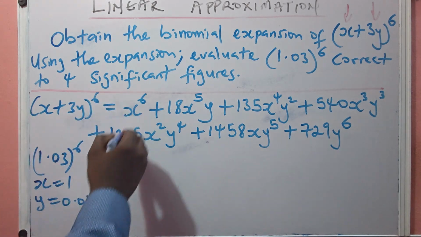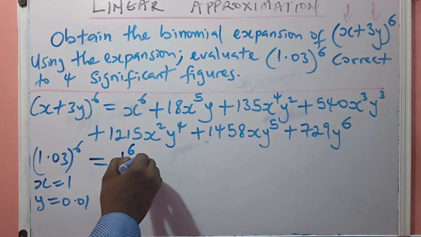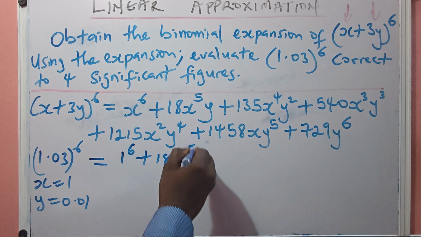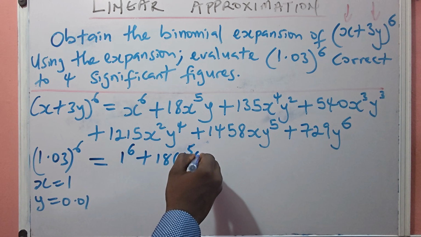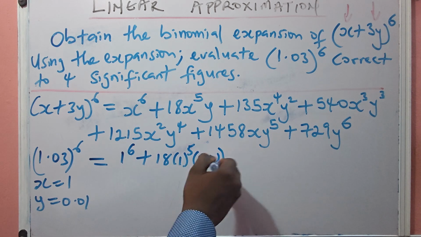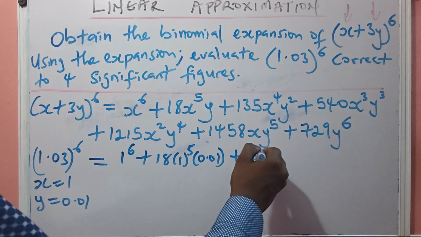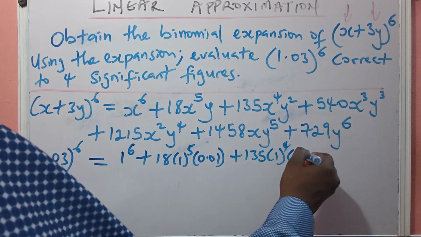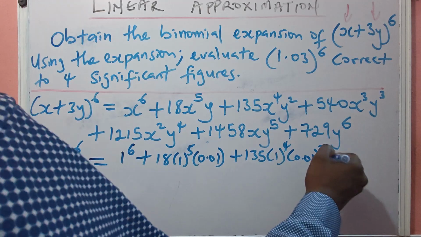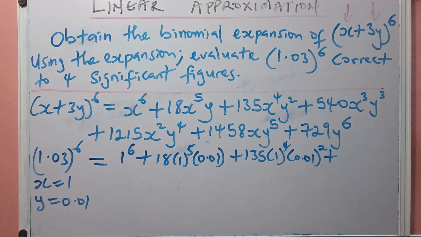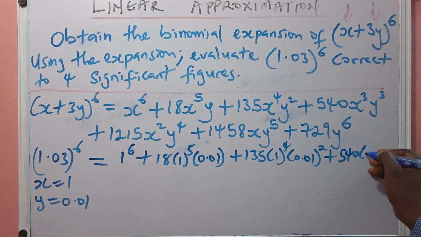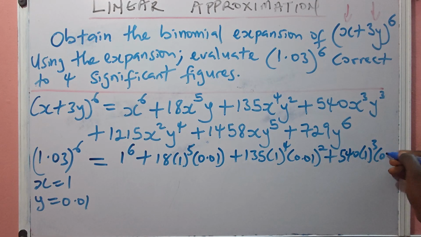Of course, just like this, that will be 1 raised to the power 6 plus 18, 1 raised to the power 5, then we'll be having 0.01, then plus 135, 1 raised to the power 4, 0.01 raised to the power 2, and we have plus 540, 1 raised to the power 3, 0.01 raised to the power 3 also.